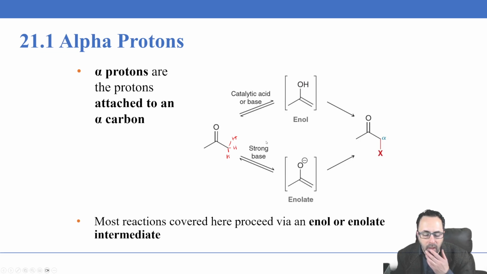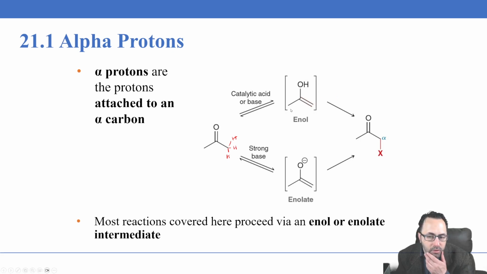We discussed how in the presence of an acid or a base, we can have an interconversion of a ketone into an enol. Ultimately, we can have a reaction in which we install a group at the alpha carbon, basically doing an addition reaction on this double bond.